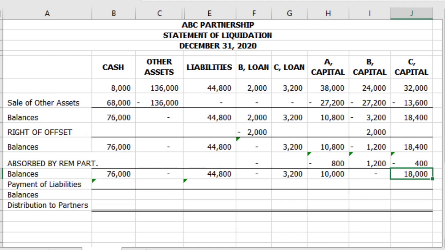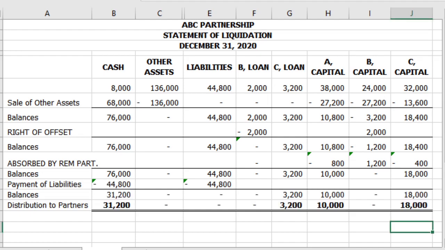After na ma-absorb ng mga remaining partners si B, ito na yung kanilang balances. So, 10,000 for A, and then for C is 18,000. So, again, payment of liabilities, and then distribution to the partners. So, yan yung kanilang balances.